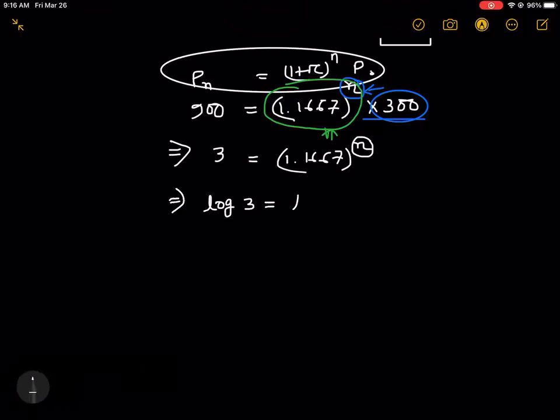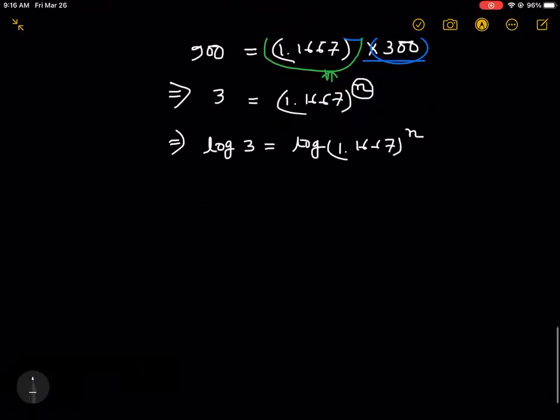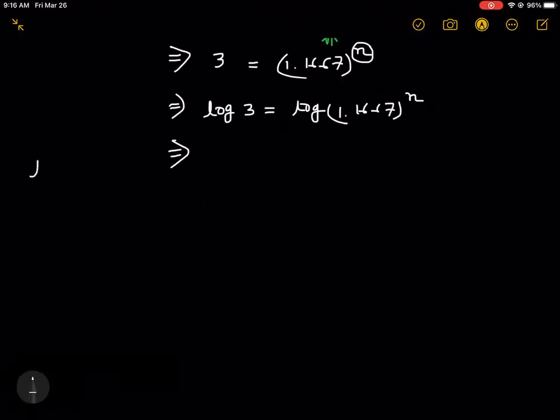So log 1.1667. And if you're wondering why we are doing this, the reason is that we know if we have anything like this, we can write the exponent in front.